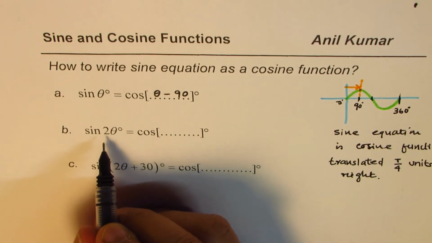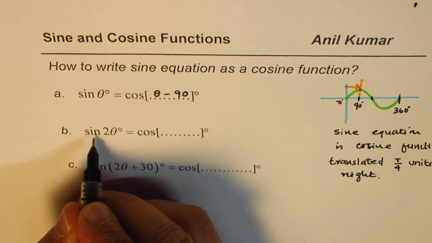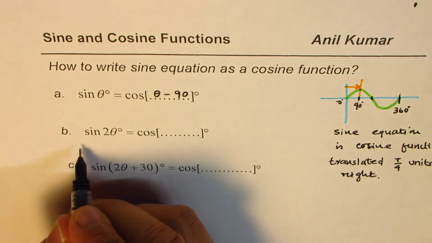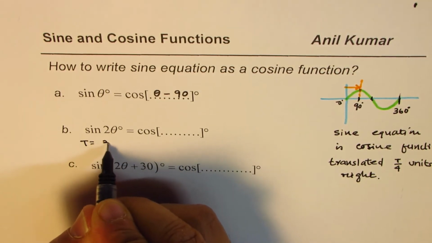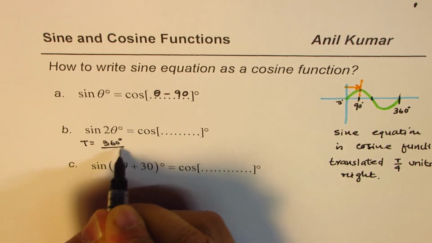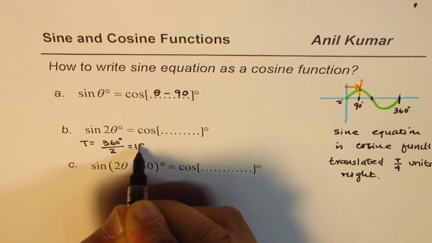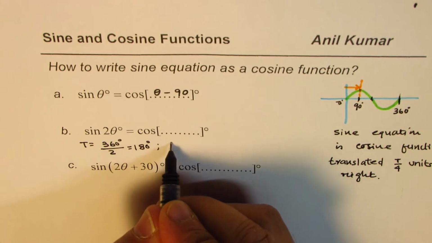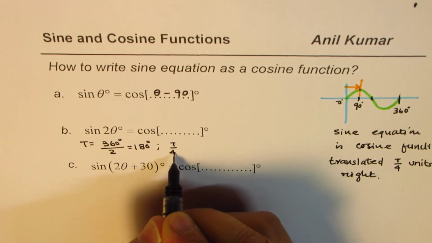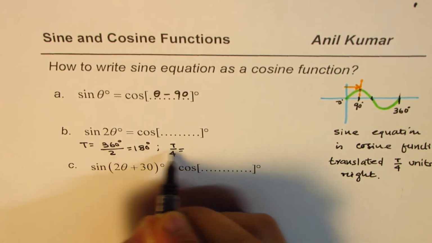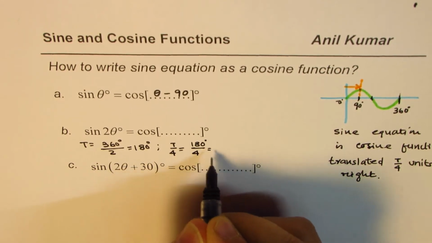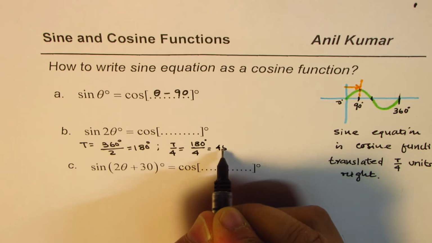Sine 2 theta. Let's find out the time period in this particular case. When it is sine 2 theta, that means there are two waves in 360 degrees. So the time period here is 360 degrees divided by 2, which is 180 degrees. And what is 1/4 of this time period? 180 degrees divided by 4, and that gives you 45 degrees.